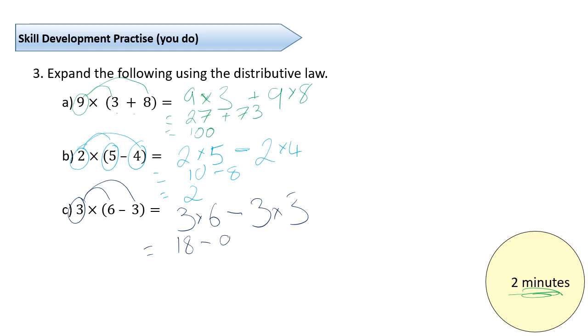Take away 3 times 3, which is 9. Doing that subtraction leaves us with a 9 as our answer. Hopefully your answers look something like that. If they don't, have a look at how you maybe missed a step or did your multiplication wrong and fix them up so your notes are perfect.